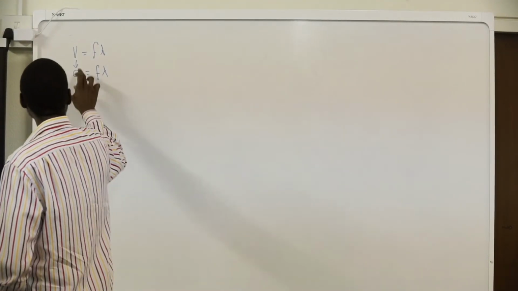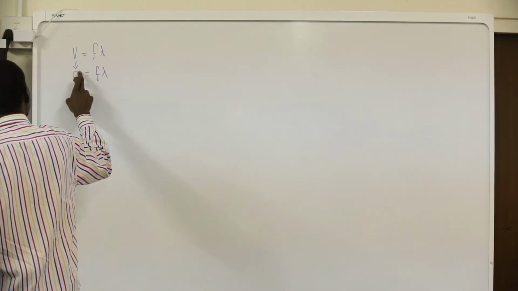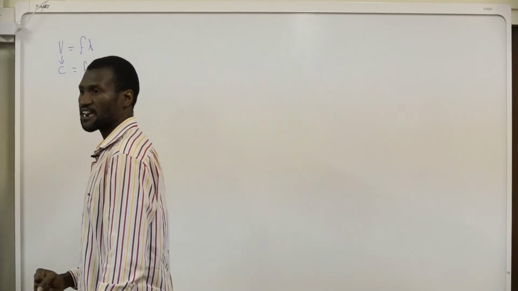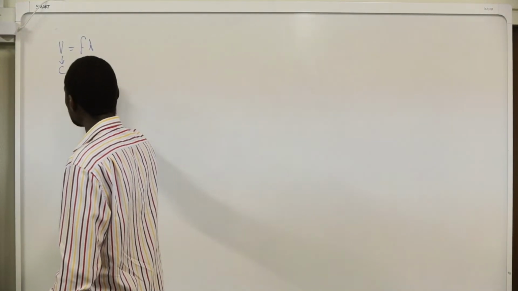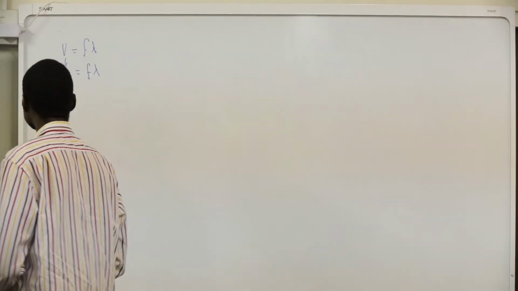So v can be substituted with c, where c, the speed of light, is equal to the frequency of that light times its wavelength.